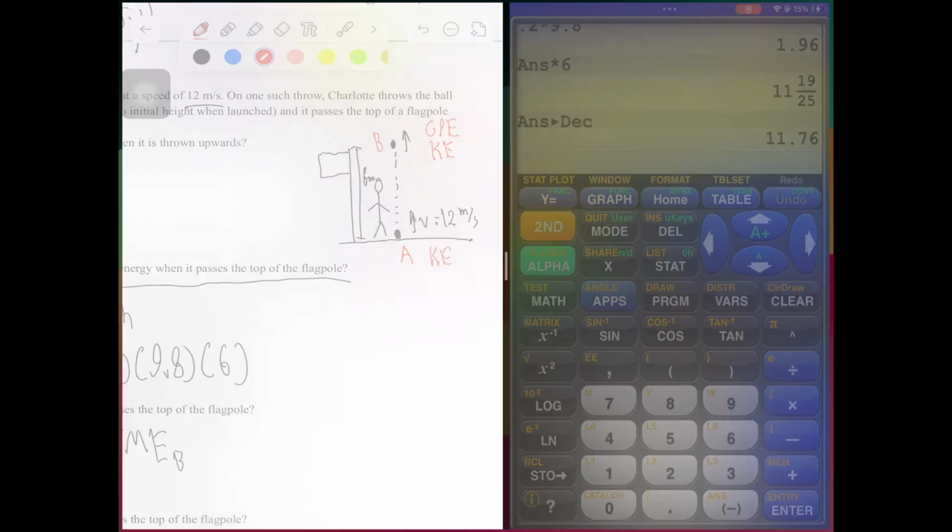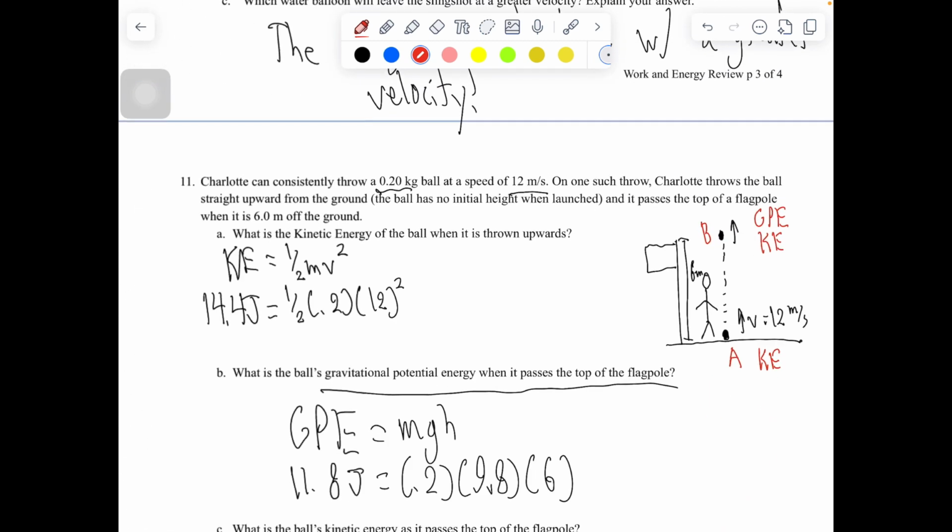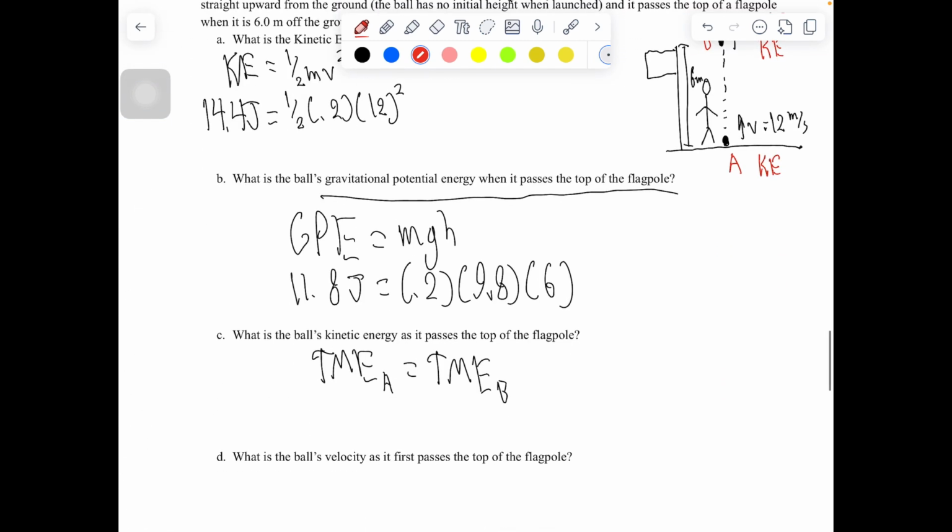What we can do is say that at A, we have, again, like we just said, our kinetic energy. At B, we have kinetic energy and we have gravitational potential energy.